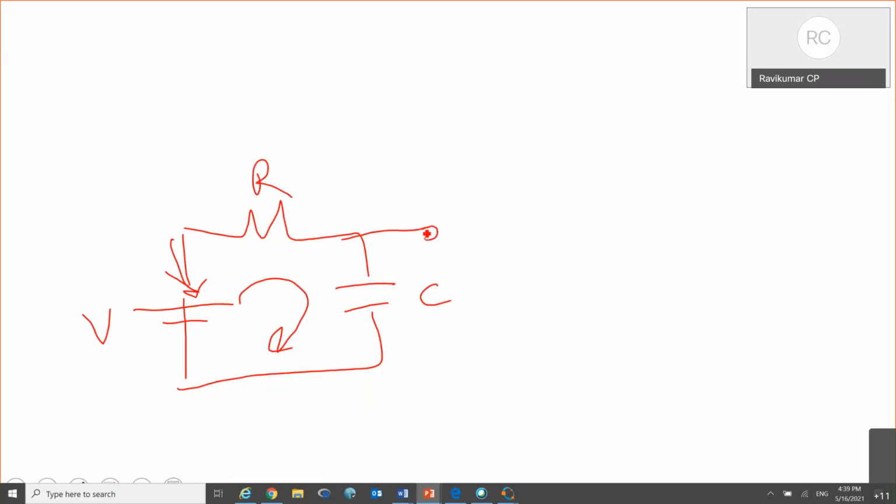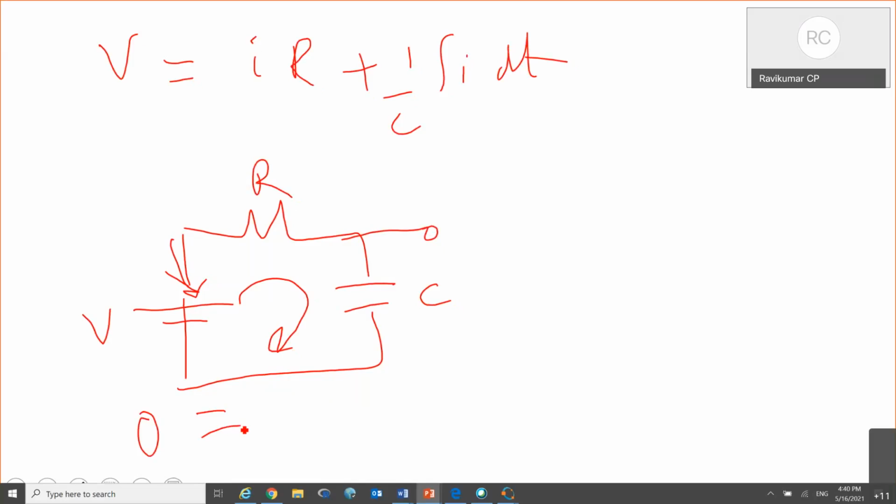So we know that the differential equation that governs this system is IR plus 1 over C integral I. If you differentiate this, you will get 0 equal to R di by dt plus I by C. So this is the differential equation.